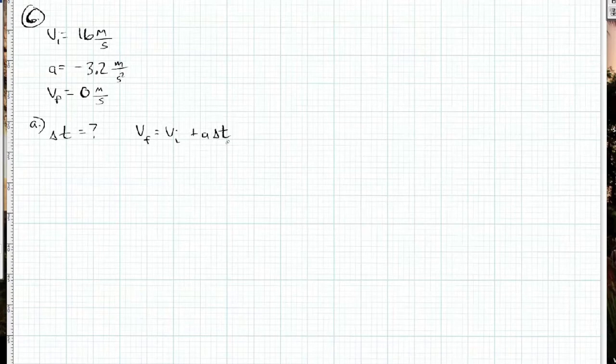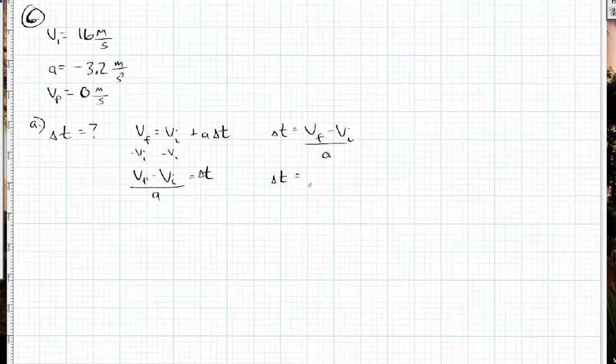Solving for delta t, we subtract VI from both sides, so VF minus VI, and then we divide by A. I'll do this all in one step. Dividing by our acceleration gives us time, so delta t equals VF minus VI all over acceleration.